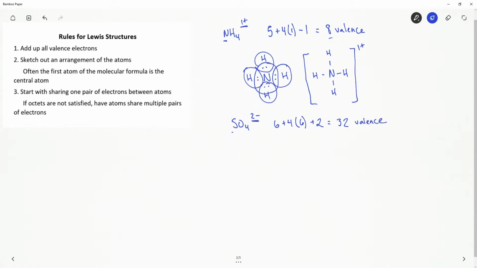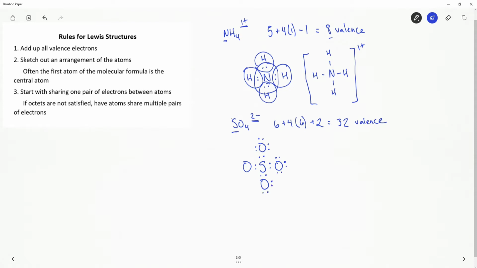Okay, I am assuming sulfur is the central atom here with 4 oxygens around it. I'm going to start by sharing 1 pair between sulfur and each oxygen. That's 8. Now let me see how far the 32 valence electrons will take me.